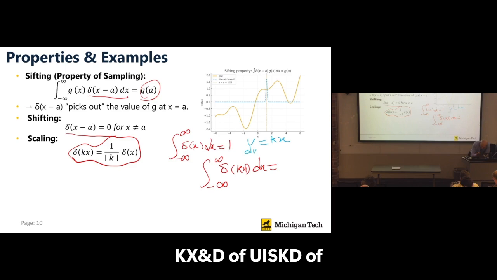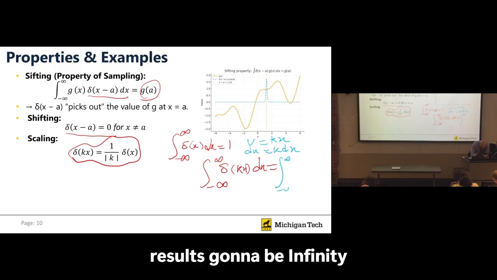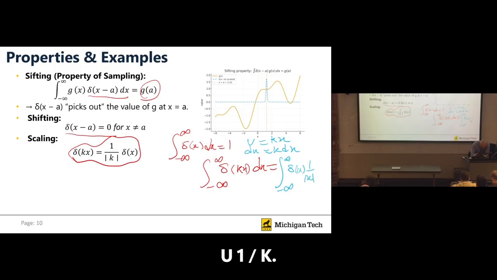And du is k dx. We're just going to put that here. So the result is going to be the integral from minus infinity to infinity of delta of u times 1 over k du.